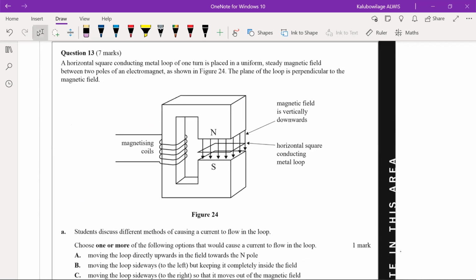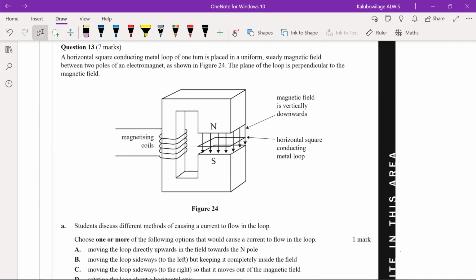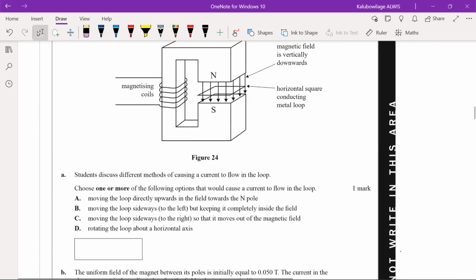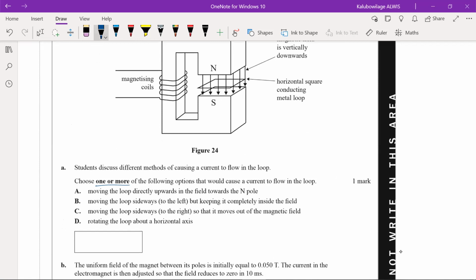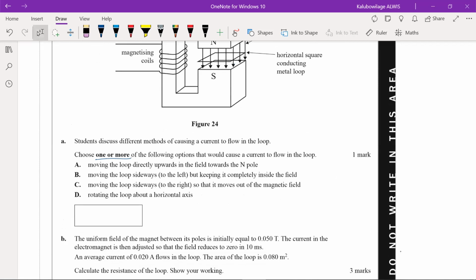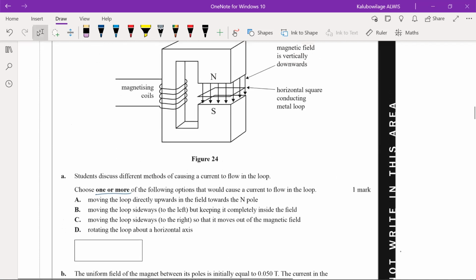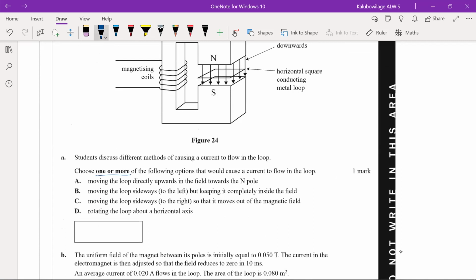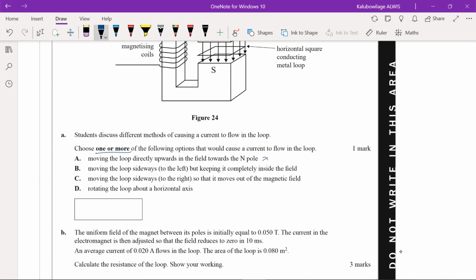A horizontal square loop is placed in a uniform field. It says choose one or more, so there's a good chance there's more than one answer. Discuss different methods of causing a current to flow in the loop. Moving the loop directly upwards doesn't cause flux change, so it can't be that.